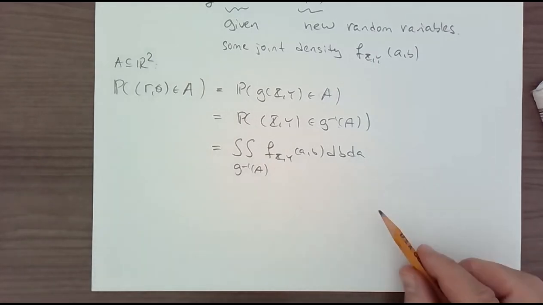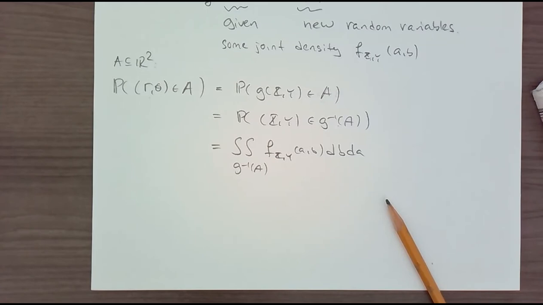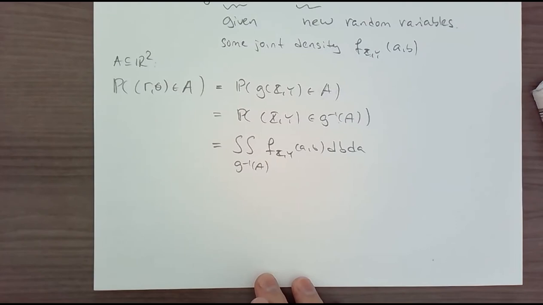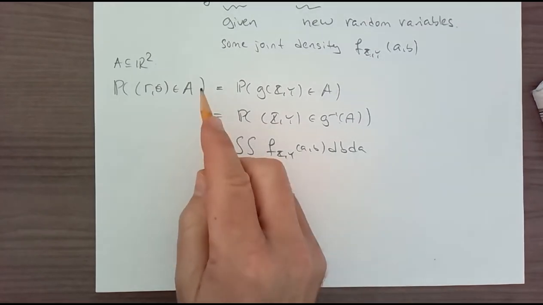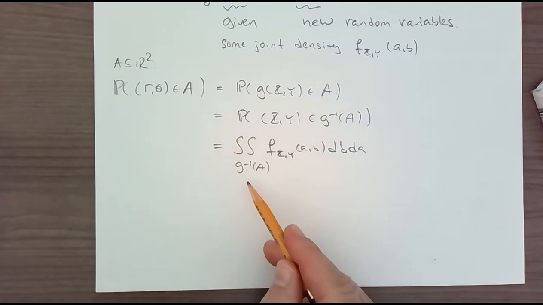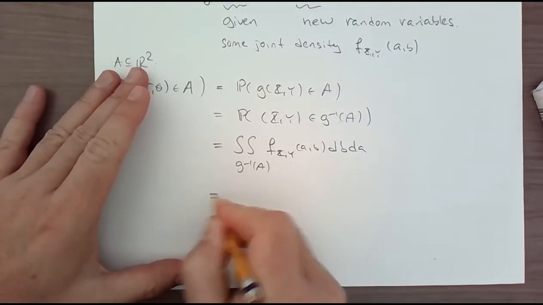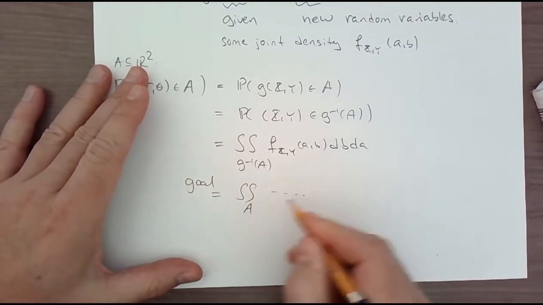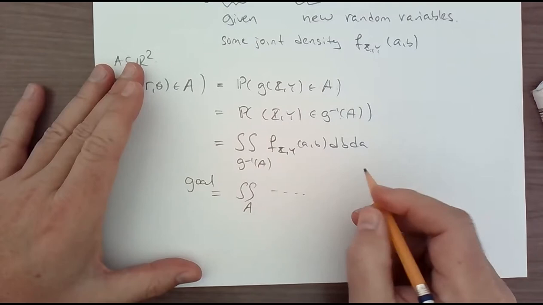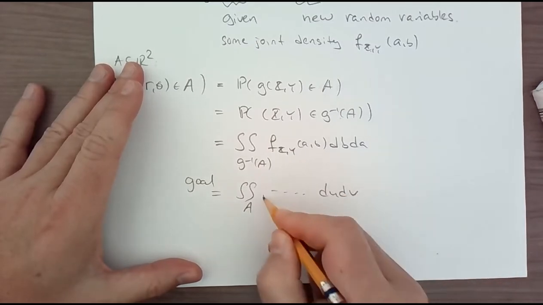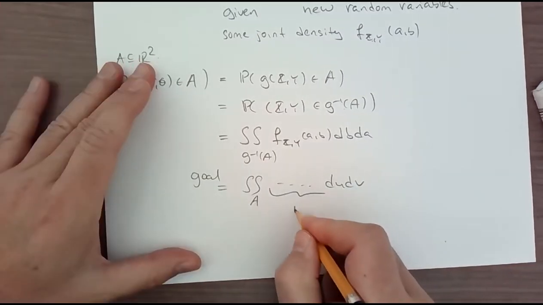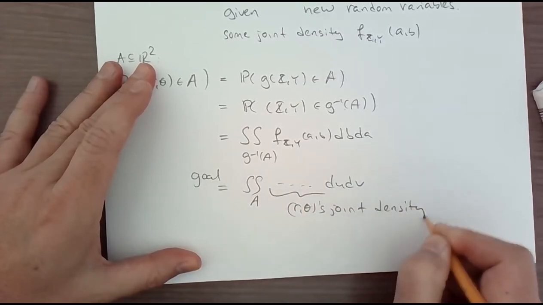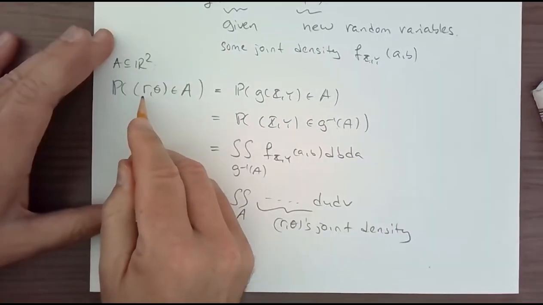Of course, we want to be able to integrate over the set A, because the goal here is to write this as an integral over A of something. Then, with du, dv, whatever appears here is going to be r and theta's joint density. So I want to get the joint density out.